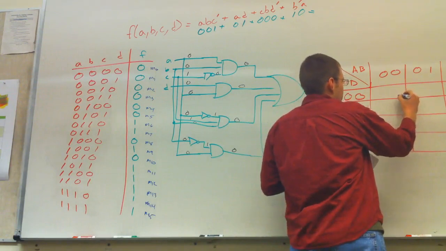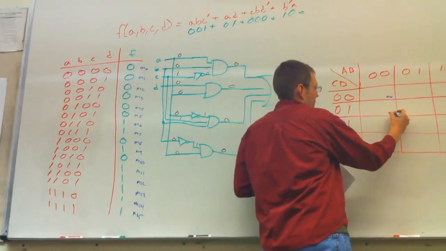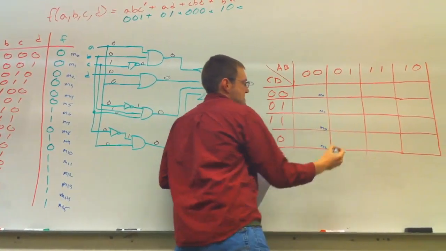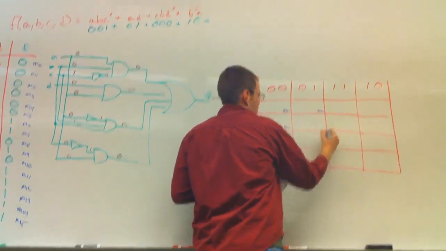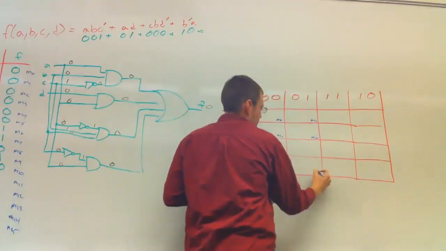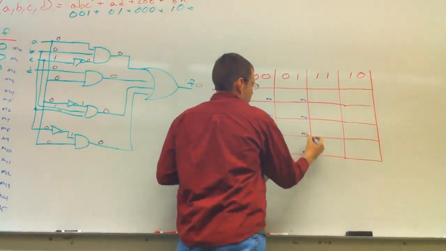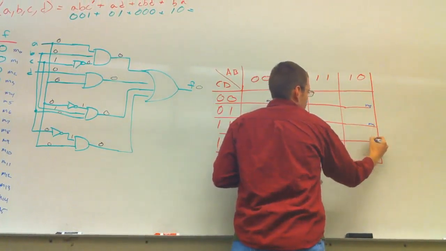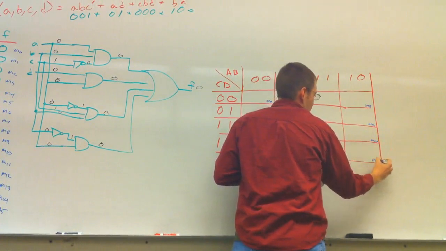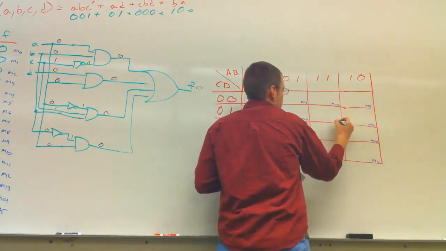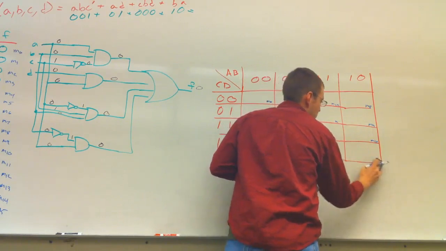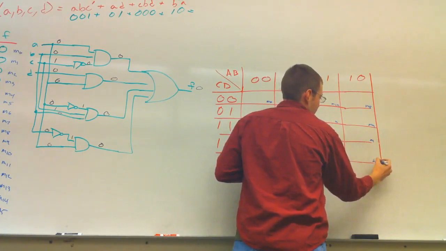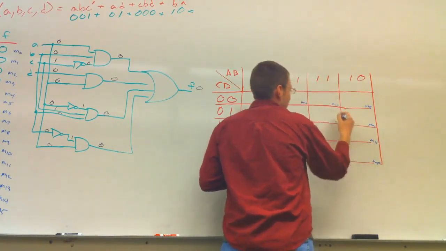So this is M0, M1, M2, M3, M4, M5, 6, 7, M8, M9, 10, 11, 12, 10 down here, 11.